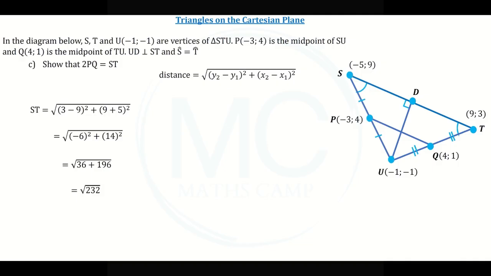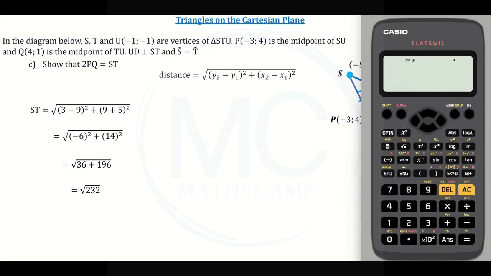Now we need to compare the lengths of ST and PQ, and it's difficult to do this with surds. So let's open our calculator and we can say the square root of 232 is equal to, put this into decimal form, and we get 15.23154 and so on.